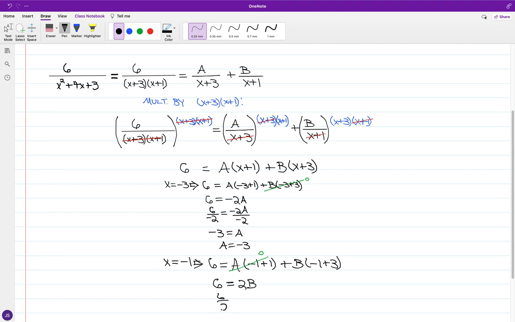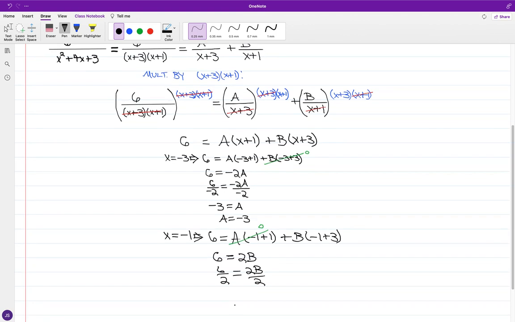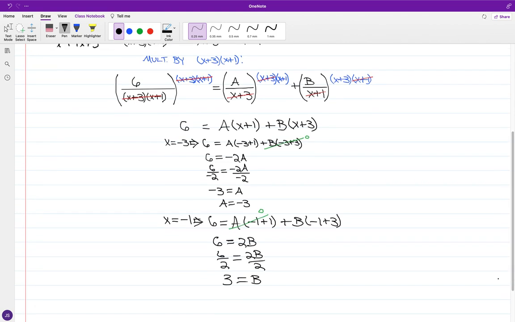And we have a division by 2. Then we have that 3 is equal to b. And just switching the order, declaring the value of b, we have that b is equal to 3.